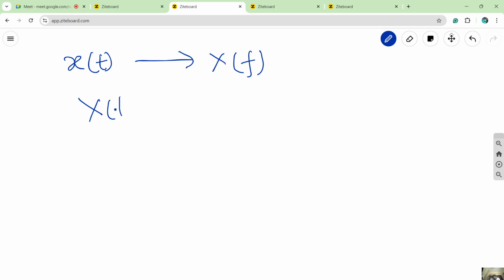And similarly, x of t, if that is the function, then it is given by x of minus f.